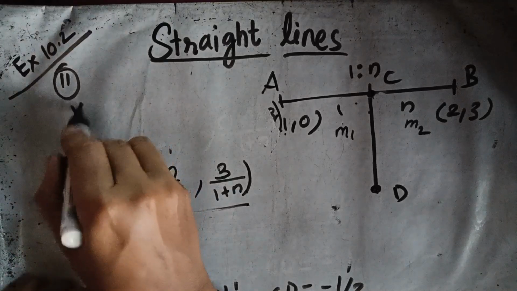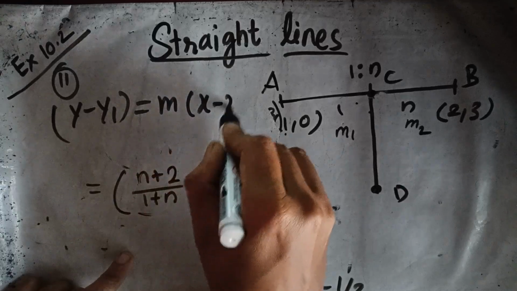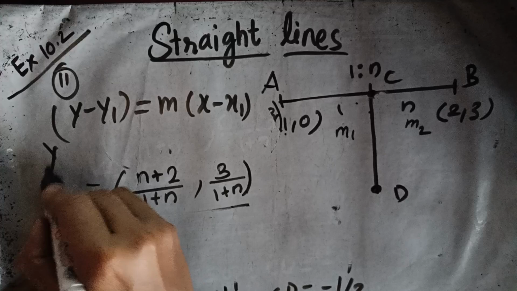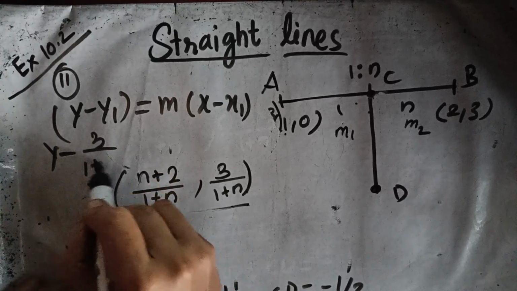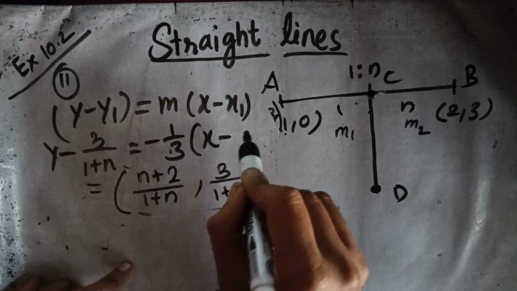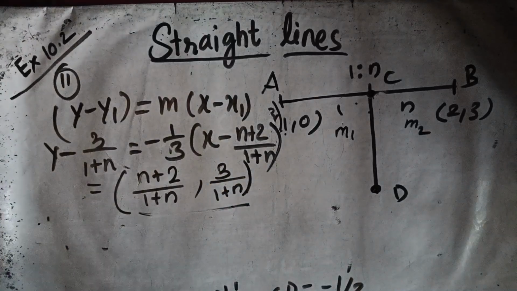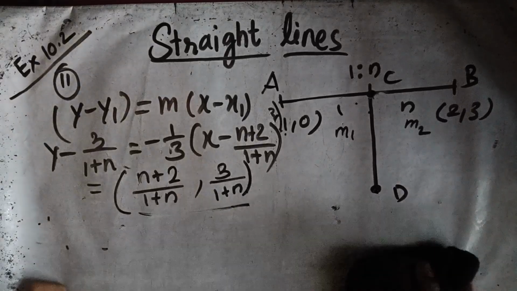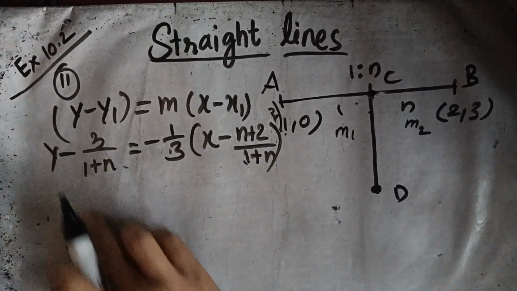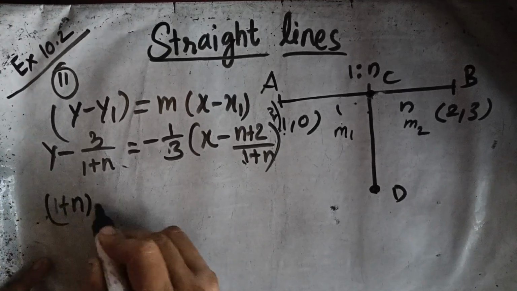So it is y minus y1 equal to m into x minus x1. x1 is this, y1 is this. So y minus 3 upon 1 plus n is minus 1 by 3, x minus x1. Okay. So you have to simplify that. Cross multiplying, you will get y.